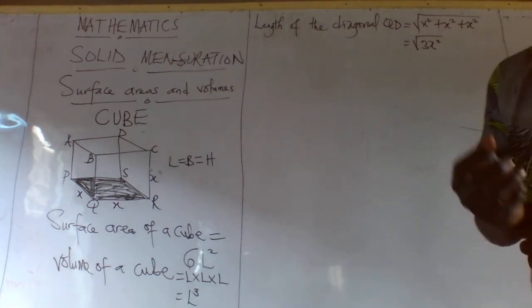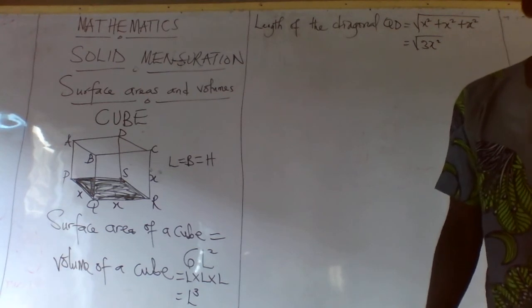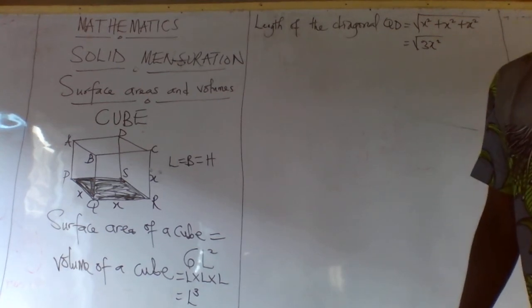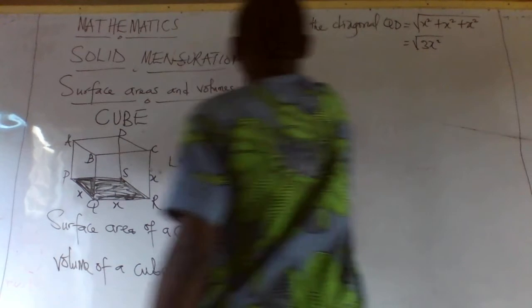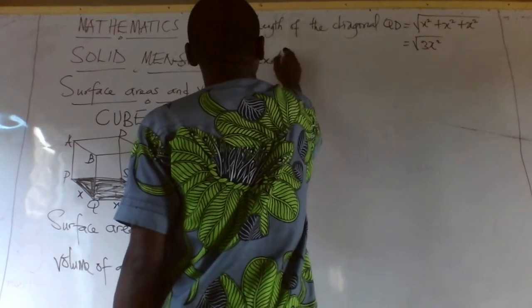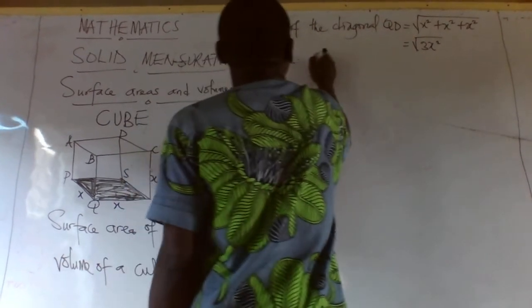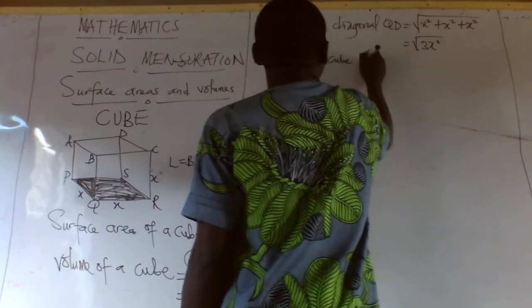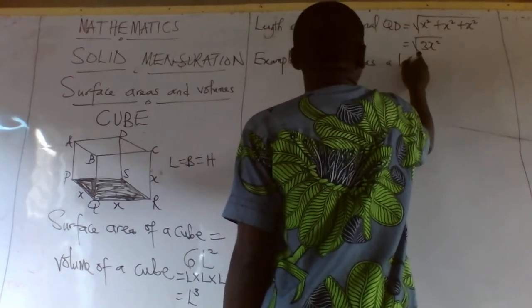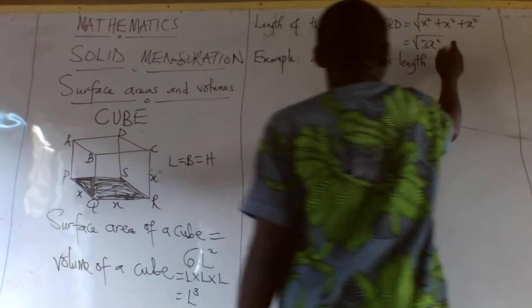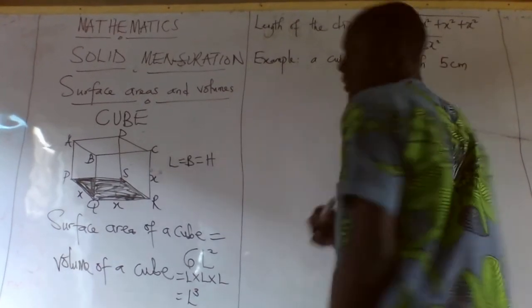Now let's have a question here. Example: a cube has a length of 5 centimeter.